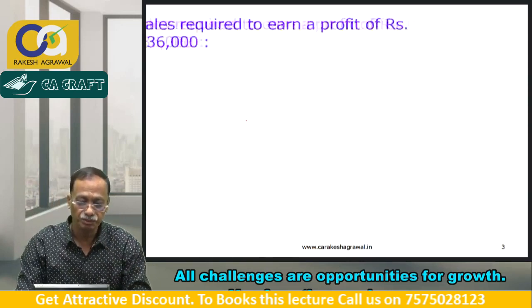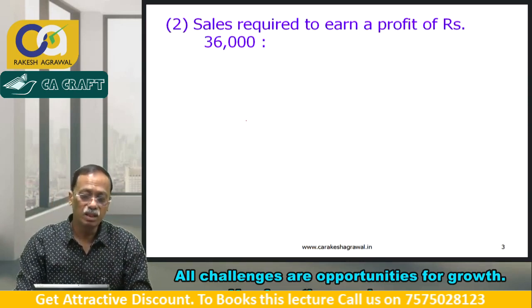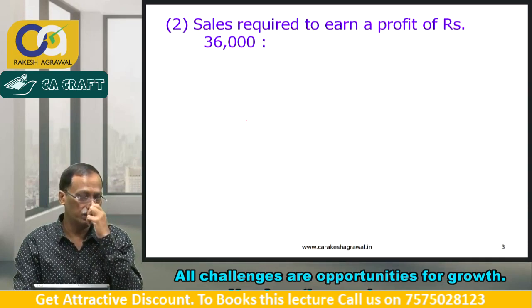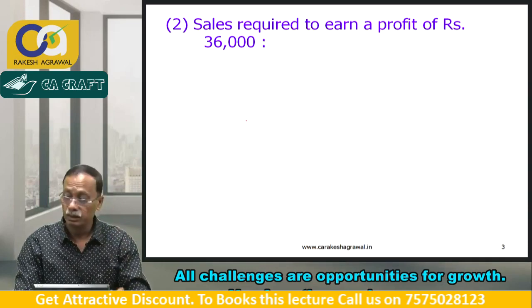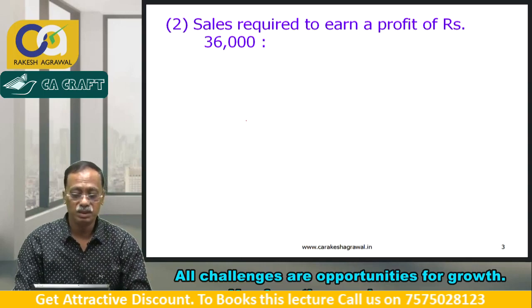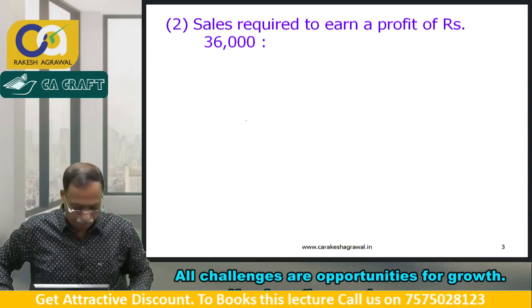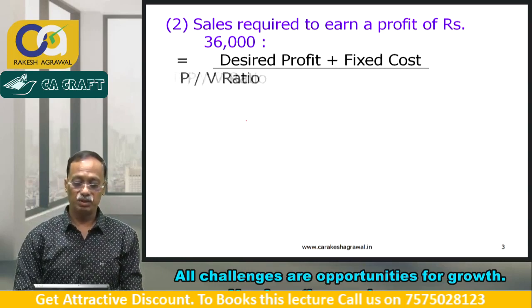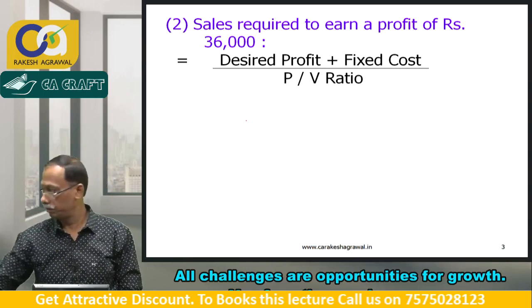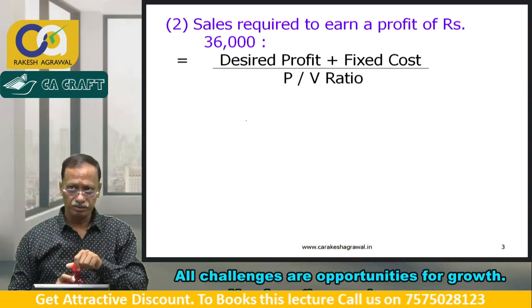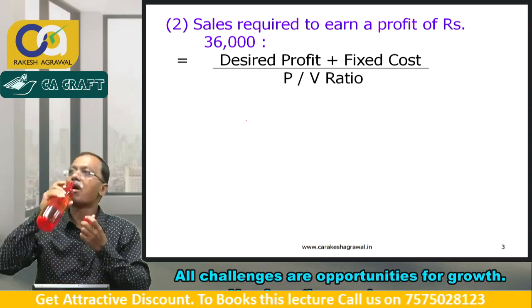So write down number 2. Sales required to earn a profit of rupees 36,000. Write down the formula: desired profit plus fixed cost divided by PV ratio.